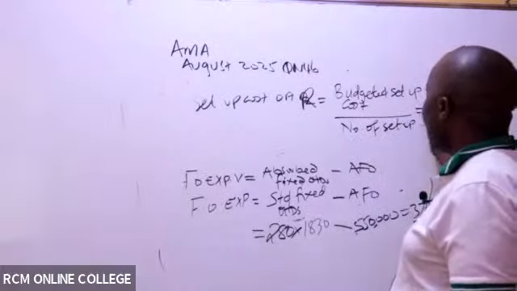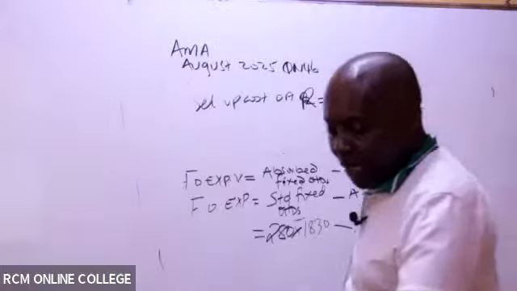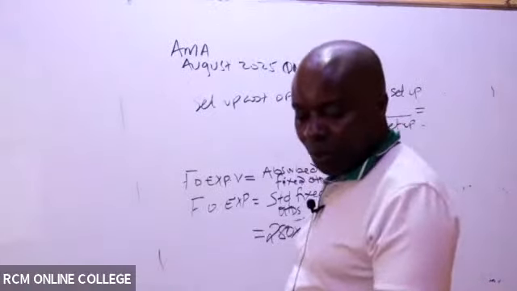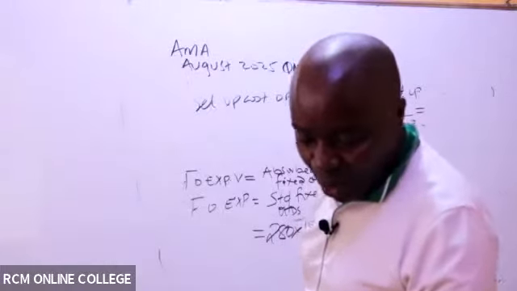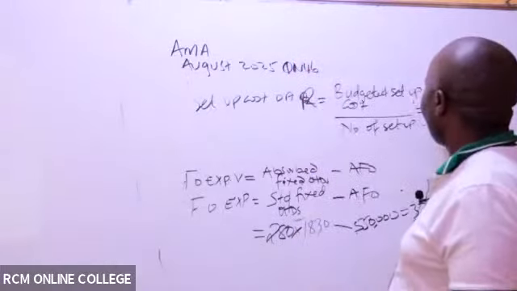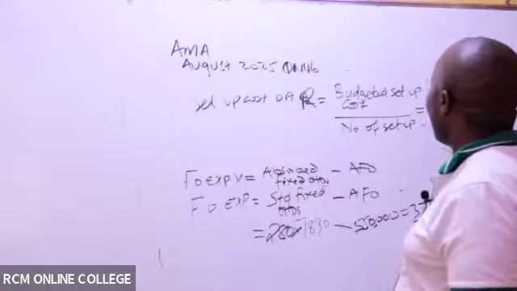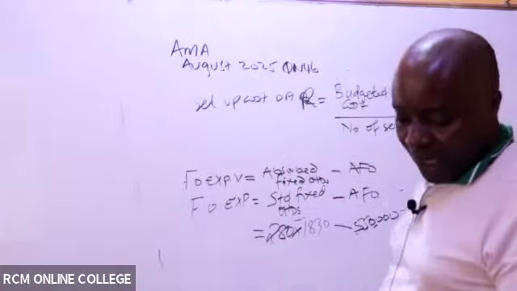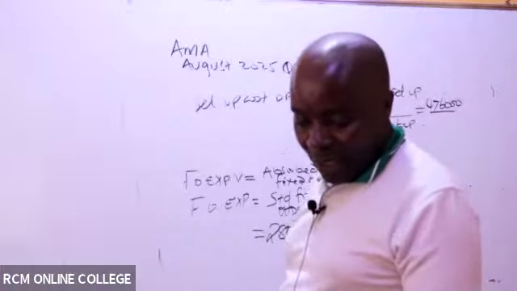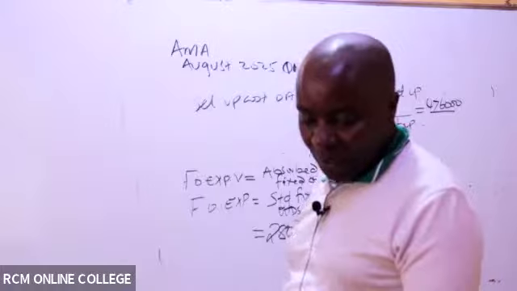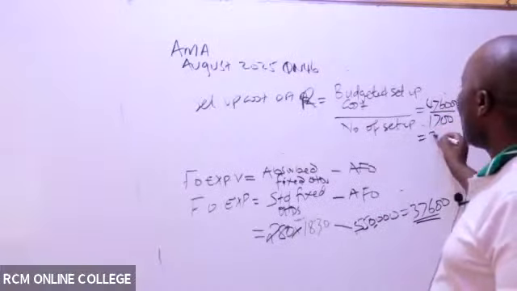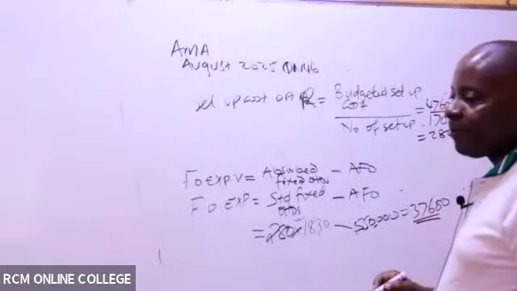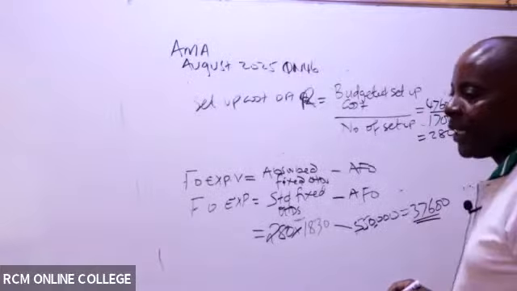The budgeted setup cost is 476,000, all over the number of setups, 1,700. That way I'll be able to get to 280.